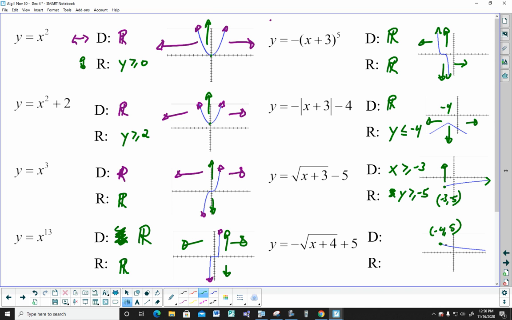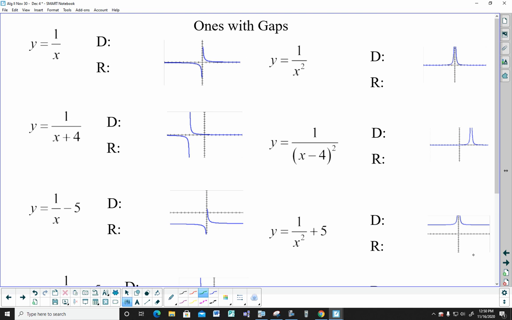Okay? The x's start at -4 and go to the right. So the x's are greater than or equal to -4. Y's are from the value of 5 down. So y is less than or equal to 5. Okay, lots of information there. I'm sorry there's more that's coming.